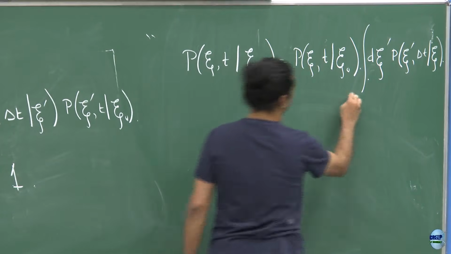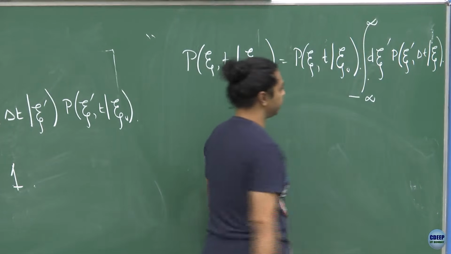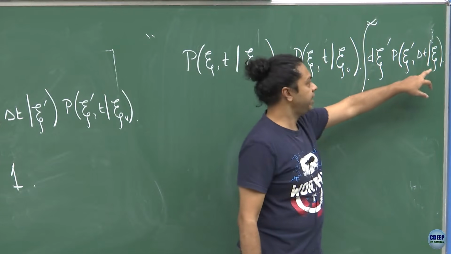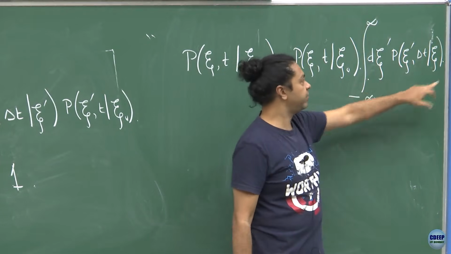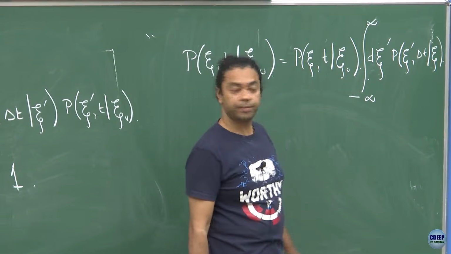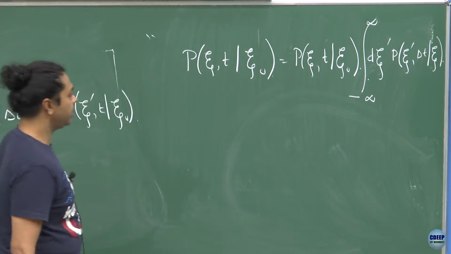This thing is anyway 1. So, all I have done is that I have multiplied this by 1, p of xi prime, delta t given xi, integrated out over all xi prime.